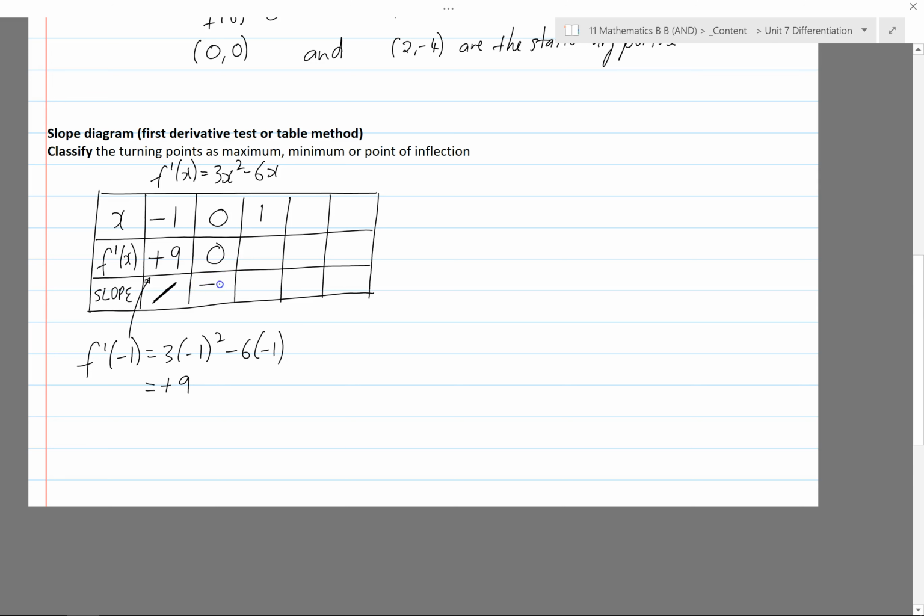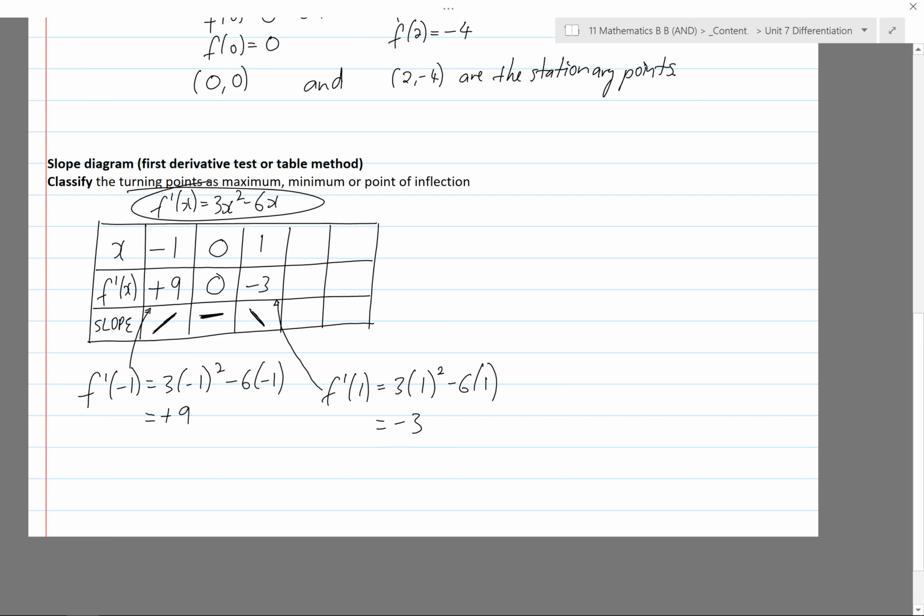At 0, we know that it's flat, and in here, I'm going to find what the slope at 1 is. So substituting 1 again into my derivative, this derivative up here, gives me -3, which indicates a downhill slope.